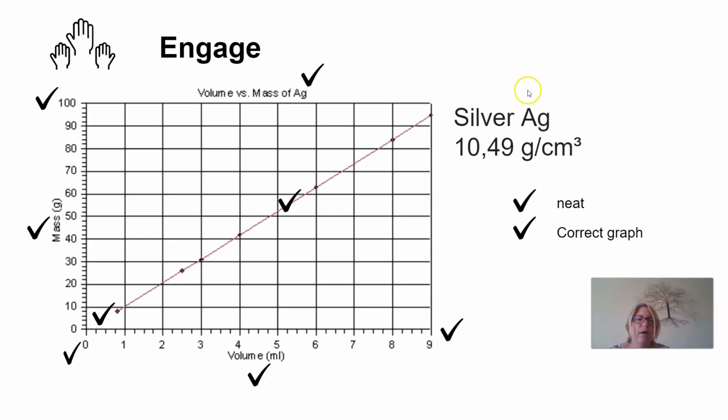So how did we come to the silver being 10.49? Well, if we have a look at this graph here, and we have a look at the plot of this point, this plot over there is probably 31.